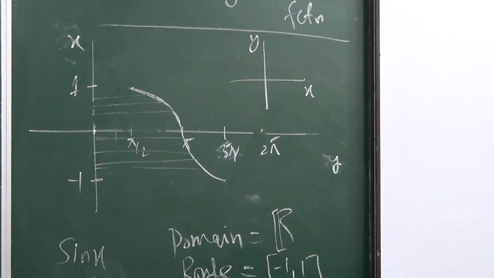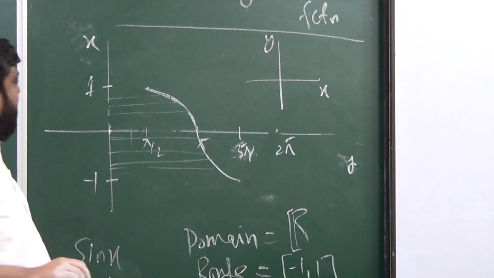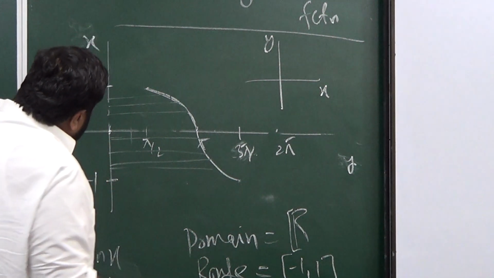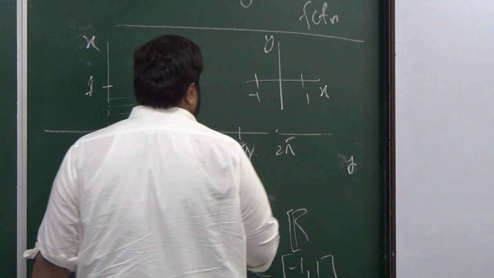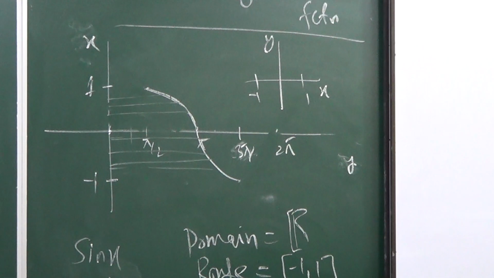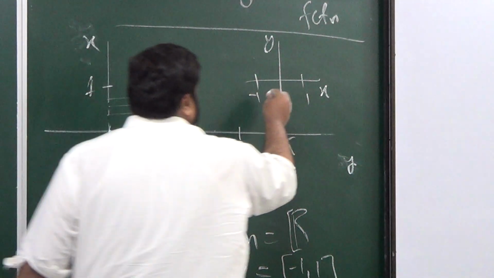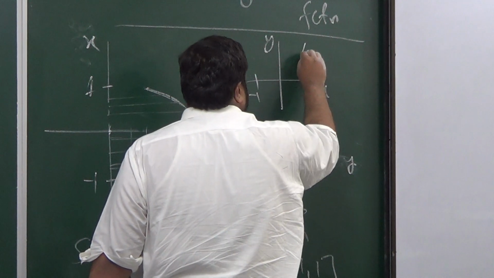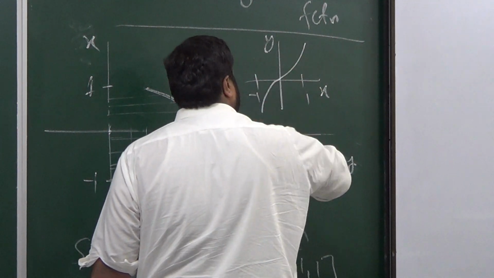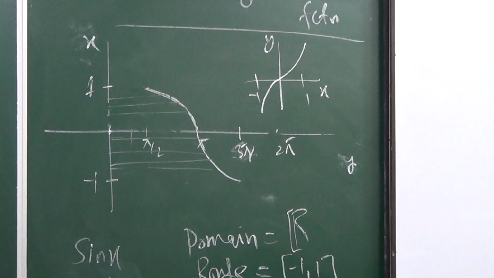Then how is it going to look? On the interval -1 to 1, with -1 here and 1 here, the function would look something like this. So this is really the inverse of the function.